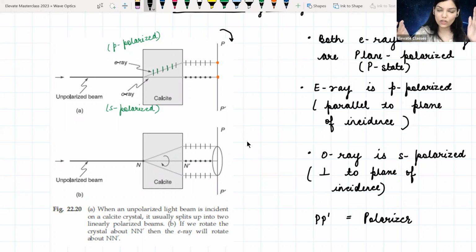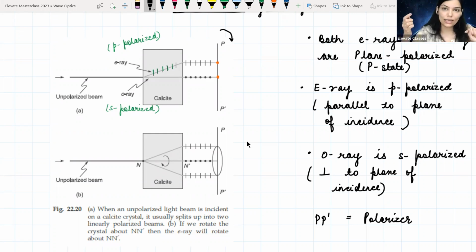And if the pass axis of the polarizer is parallel to the S polarized ray, that means perpendicular to the plane of incidence, then only the O ray would pass and the E ray would be blocked, okay? So this is a famous experiment to see the polarization of the E ray and O ray.